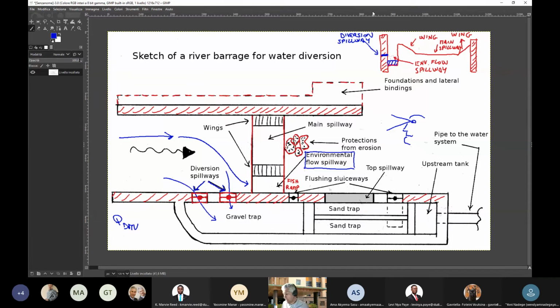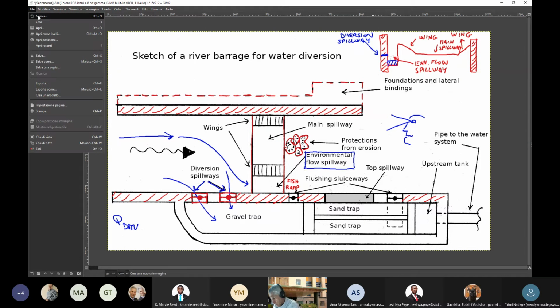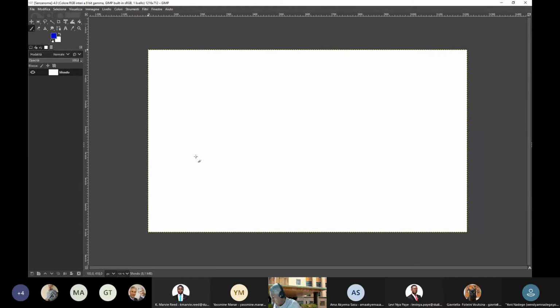Okay. Now let me make a second drawing in my blackboard and depict a sketch, which is a zoom. Okay. So here I have the environmental flow spillway.